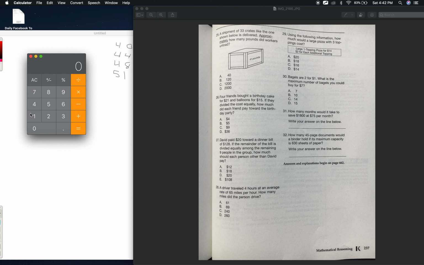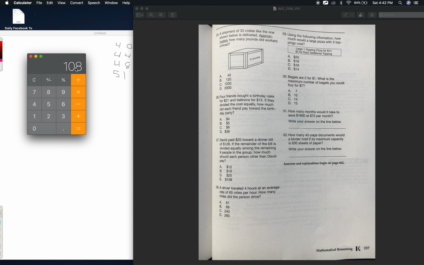We know David paid $20 of that. So 128 minus what David paid equals $108. Okay, so there's $108 now remaining to be paid by the 9 people in the group.